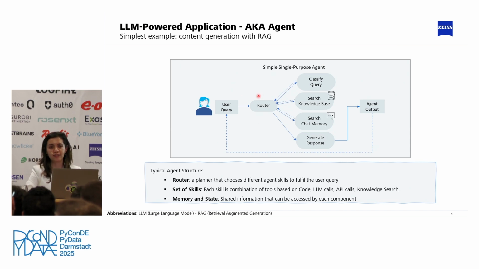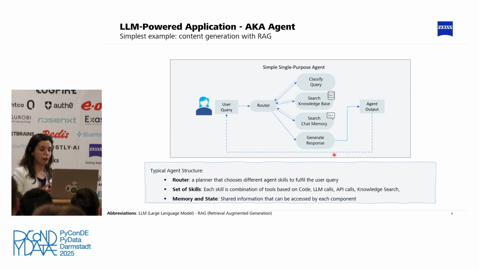This agent normally has a router, which is basically a planner on how to use the agent's skills, and a set of skills. In this very simple example, the router first classifies the query, then if applicable, it searches the knowledge base, and then it searches the chat memory that the user might have together with the agent, and finally generates a response and outputs that response. And this can be an interactive back and forth between the agent and the user.